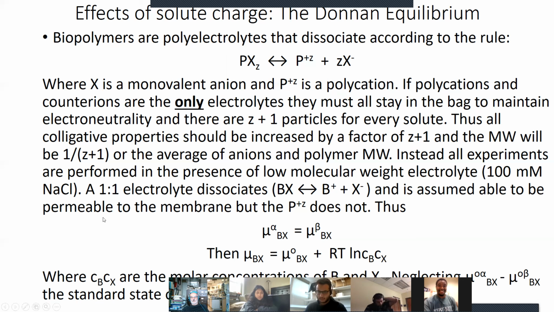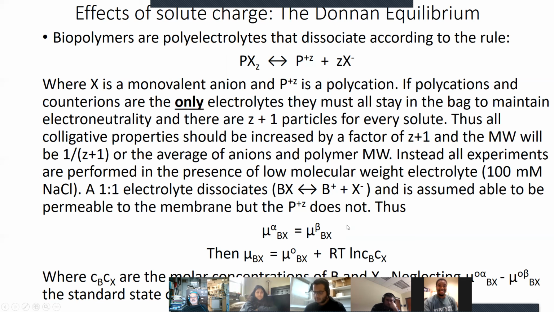So if you have a protein with a charge and an excess of salt, then to study this, you basically have to take into account the fact that the salt itself dissociates into its cation and its anion.